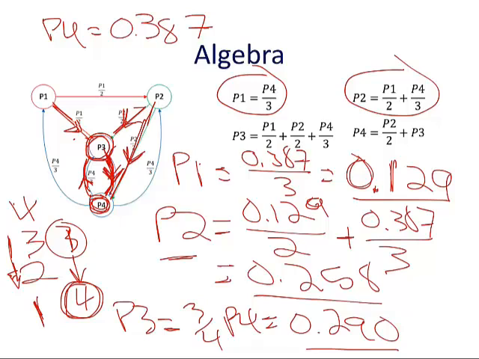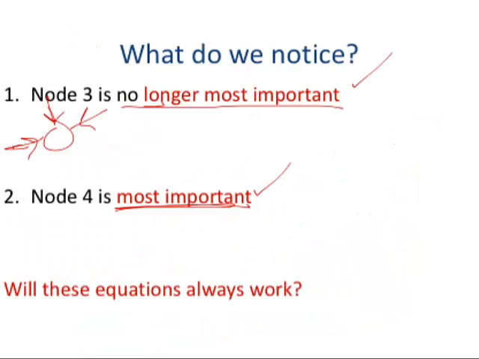And P4 is also getting more importance from another node as well. So P4 has to be greater than P3 because this is greater than 0. And this is just P3. So that pushes P4 to being the most important node.